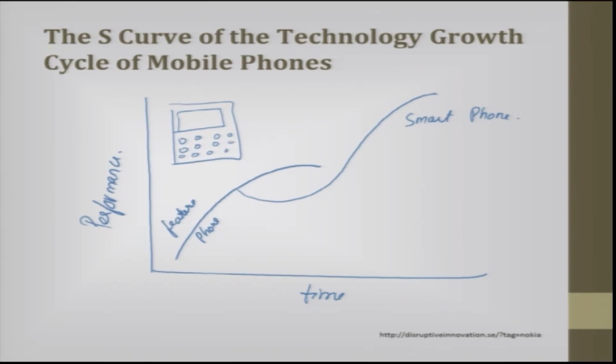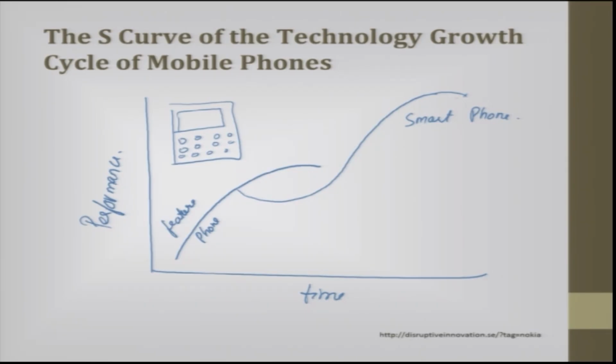The feature phone was going on making profit, and after some point of time you see there is a slow performance decline. And by the time the company could realize that there is a decline in the technology, the smartphone had picked up, and today this keeps moving on. Today this has also come to a saturation. So, what is happening is now new phones come up.